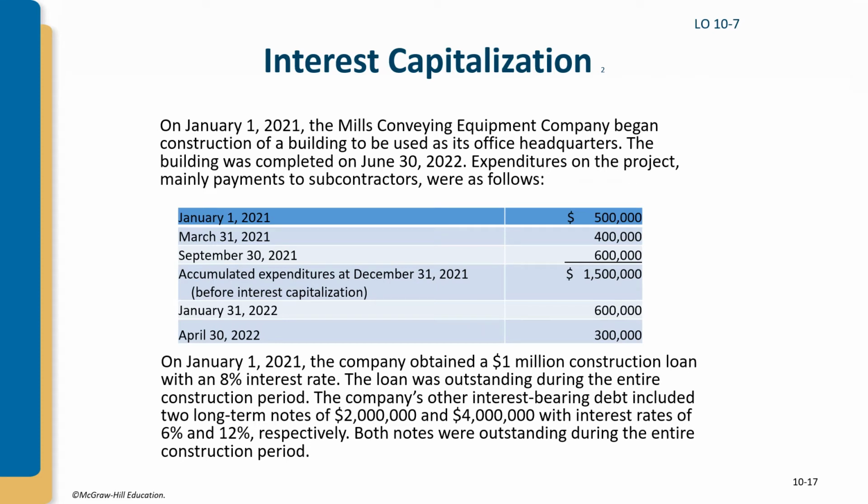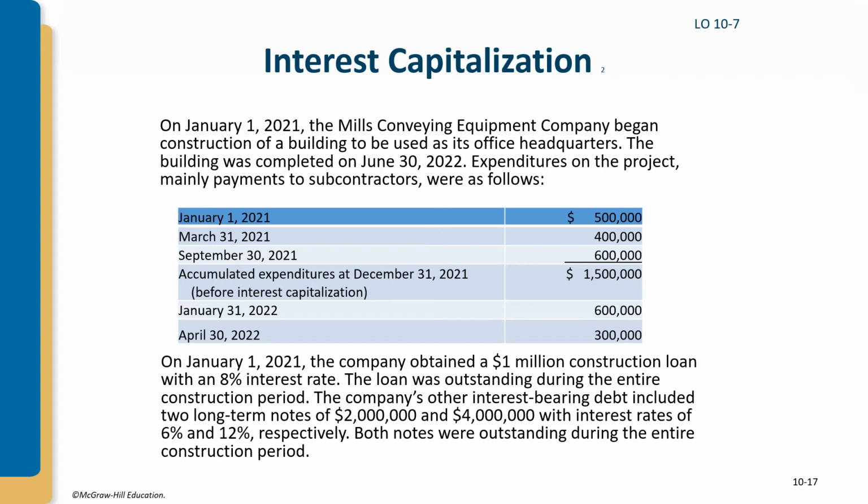On January 1, the Mills Conveying Equipment Company began construction of a building to be used as its office headquarters. It was completed the next year on June 30th. Here are the expenditures on the project for contractors. So they show us the expenditures that were made through 2021 and those for 2022.